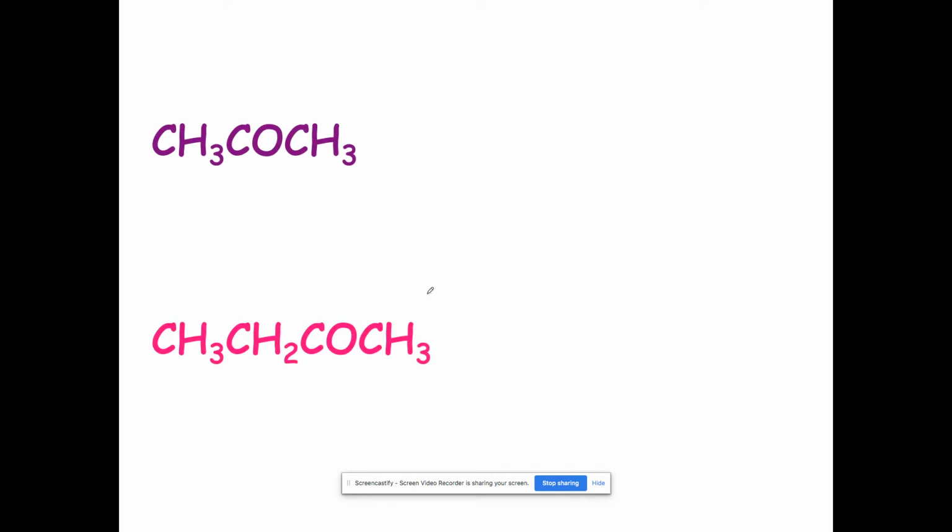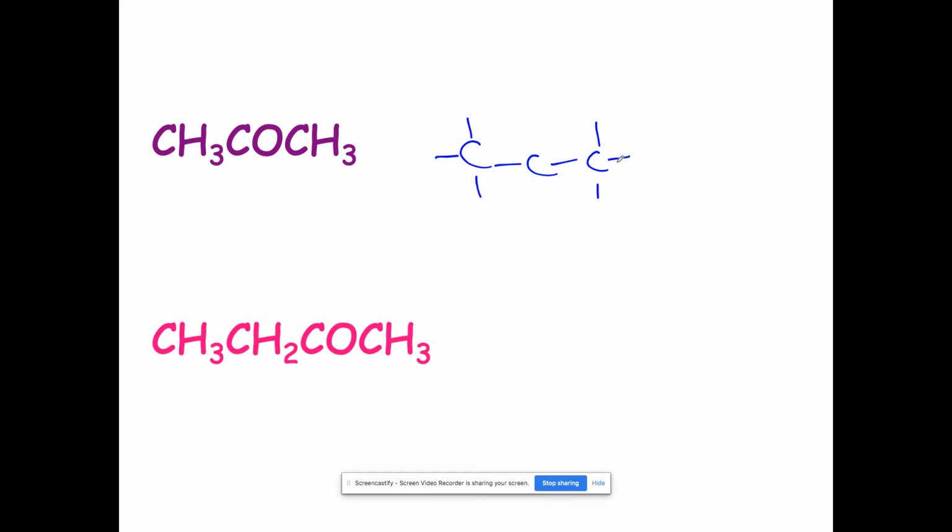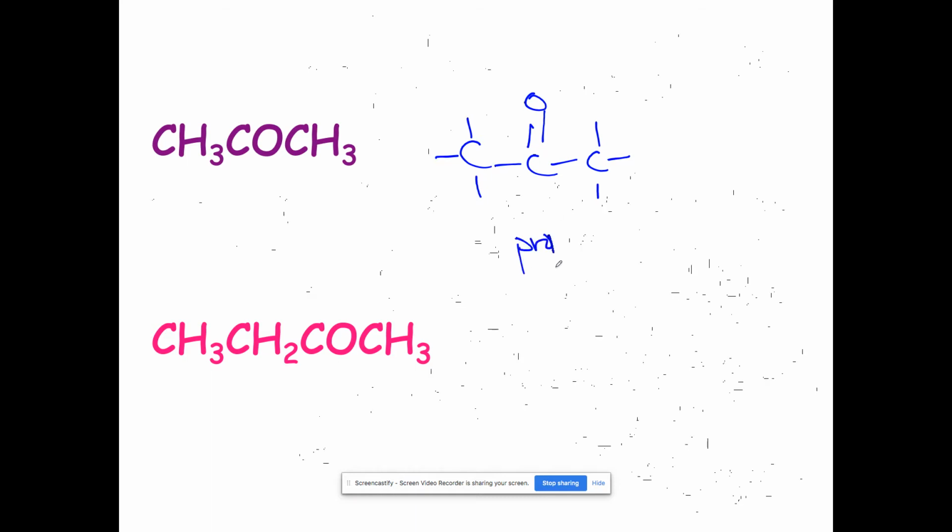Okay. Here we go. CH3, CO, CH3. Well, I know it's got to be this, so this has to be ketone. Meth, eth, prop, propanone. Which carbon is the interior one? This one.